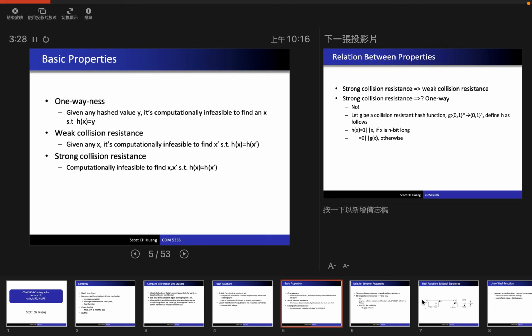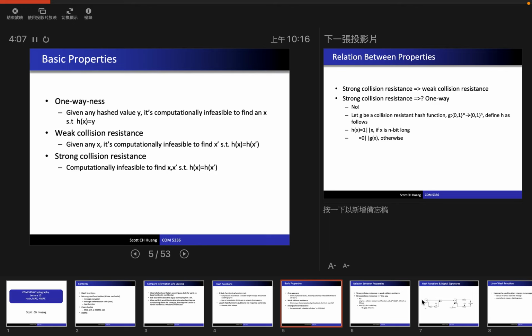Given any x, it is computationally infeasible to find another value that collides with x. By colliding, we mean two different values that hash to the same value. So we have x and x prime, and we apply the hash function h.